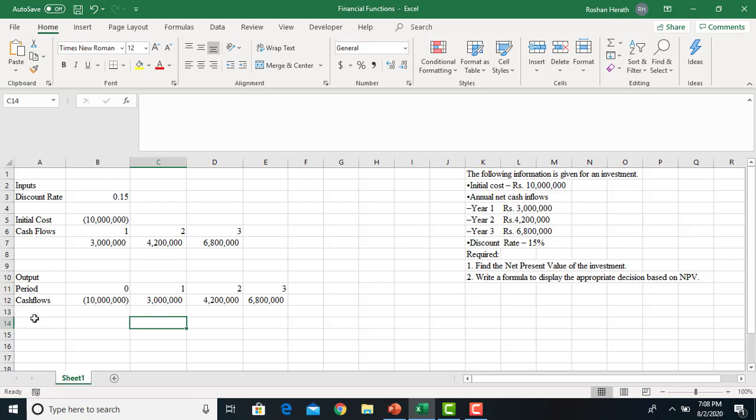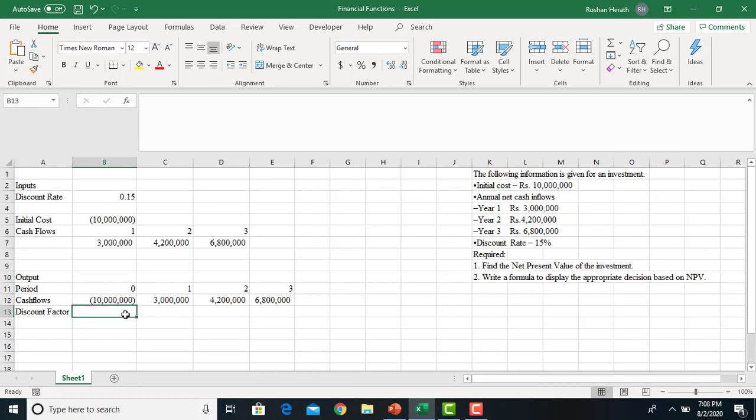If you have to work this out manually, you know that you need the discount factor. You need to get the discount factor into the picture. The discount factor goes like this: in year 0, it is 1.